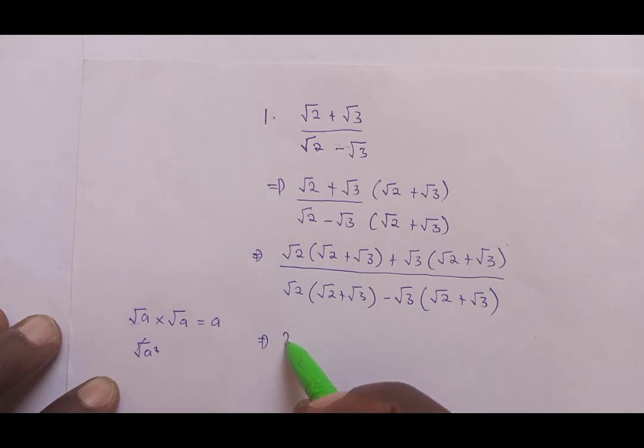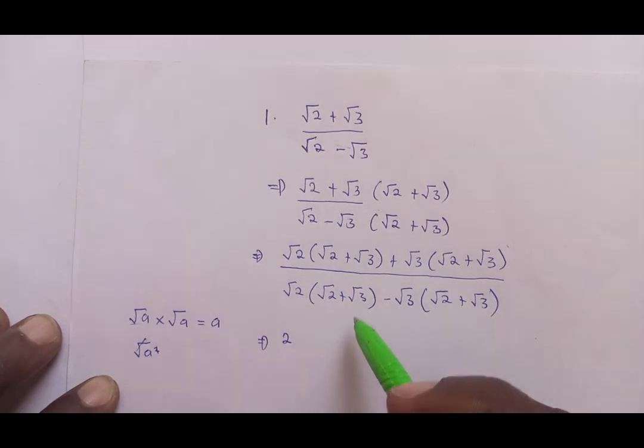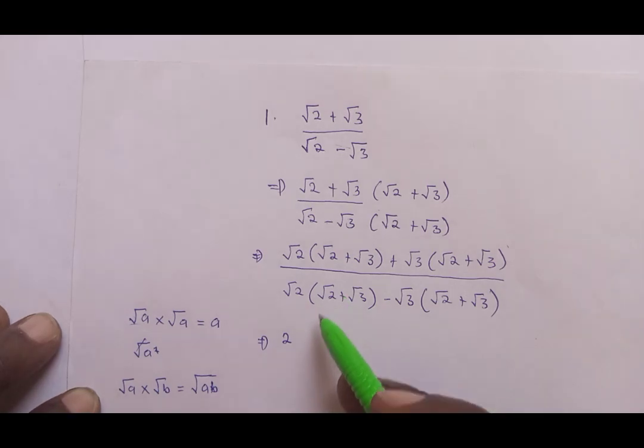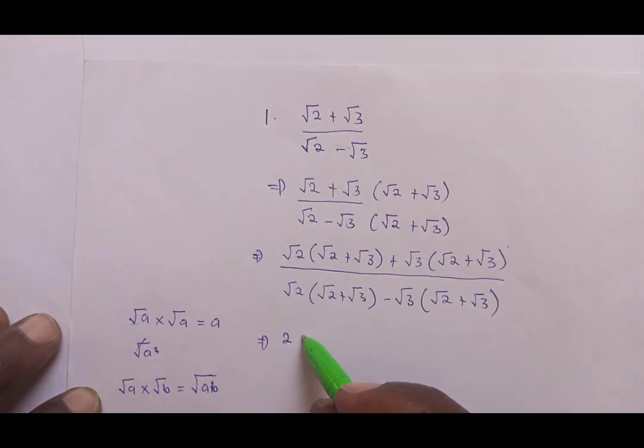So we shall put here 2, and then this times this, from square root of a times square root of b being equal to square root of ab. That means here we are going to have the square root of 2 times square root of 3 is going to be plus square root of this times this, which is 6.